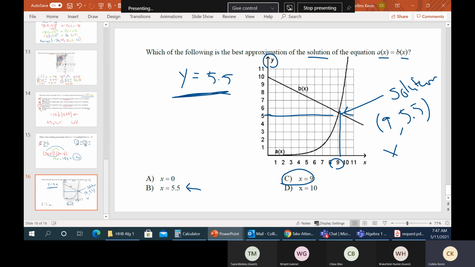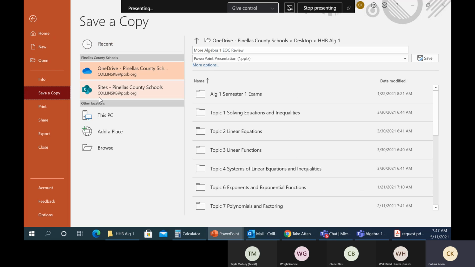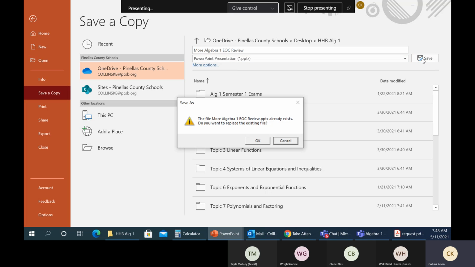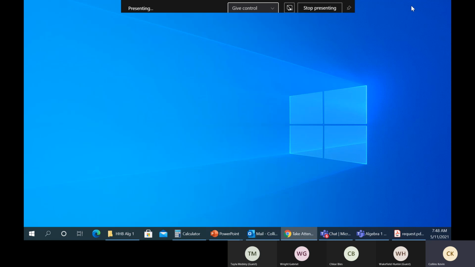So let's switch gears here. I think that's all the ones I had on here, but I got a bunch of different ones going here as far as these problems. So we're good there. Let's go ahead and save that guy. All right, so maybe we can come up with one more here.